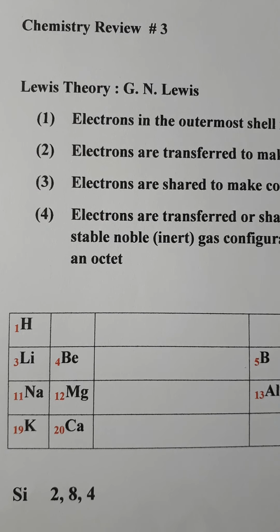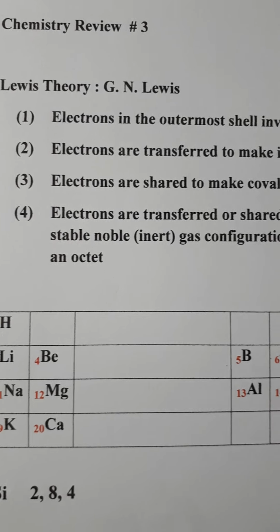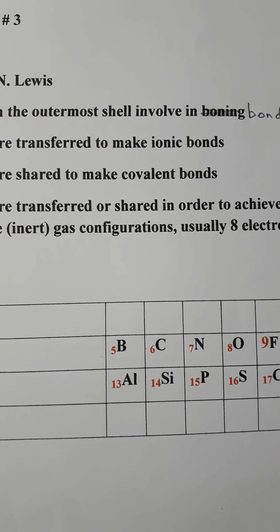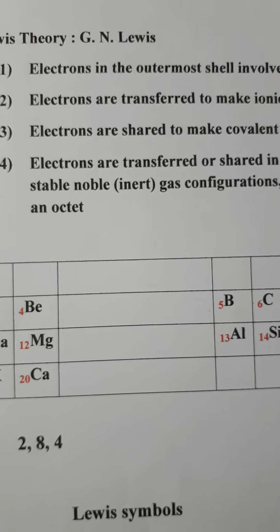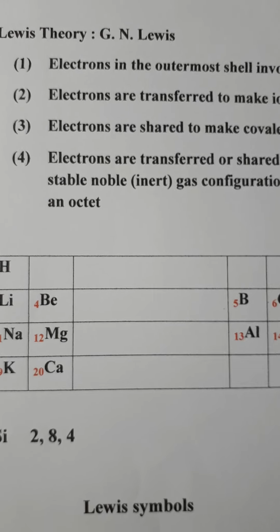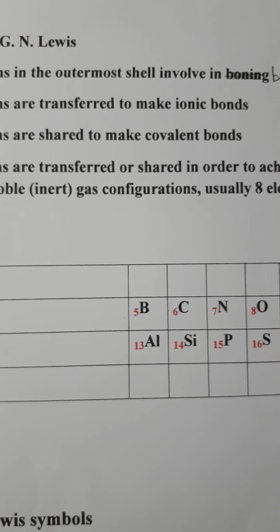Number 1, it says electrons in the outermost shell are involved in bonding. And number 2, as we saw in my review number 2, electrons are transferred from one atom to the other to make ionic bonding.